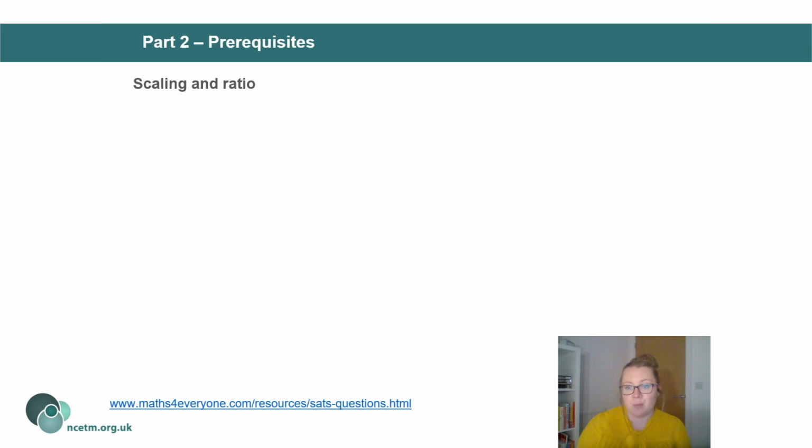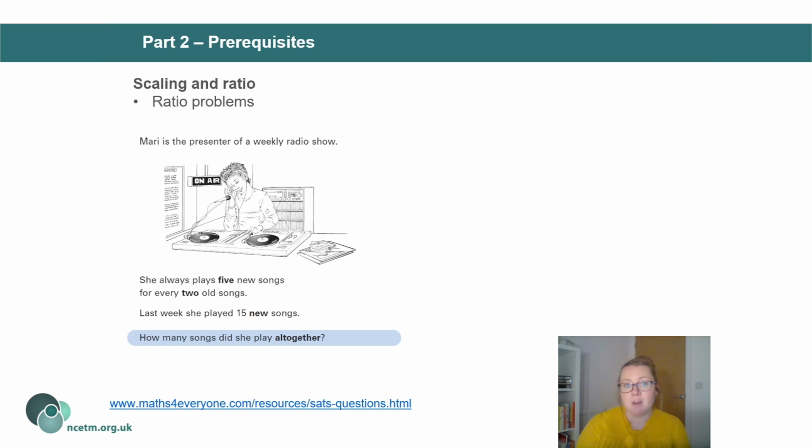It's really important to note that some of our students will have already seen ratio problems in Key Stage 2. However, the difference being that in Key Stage 2, they are not seeing any formal notation. This use of the language for every is really, really common. So for example here, Mari is playing 5 new songs for every 2 old songs.